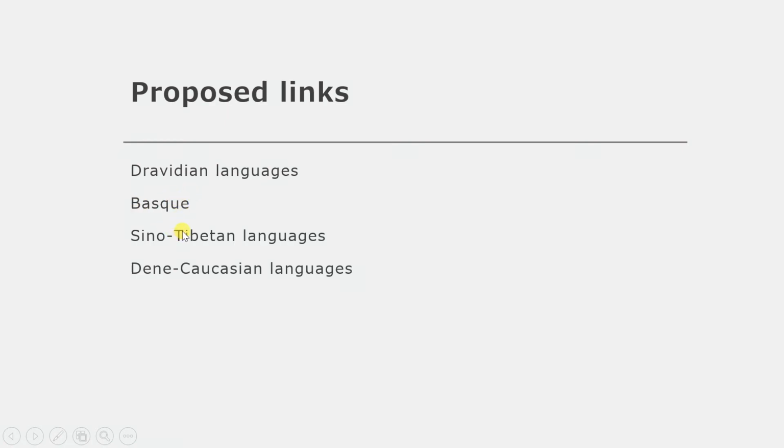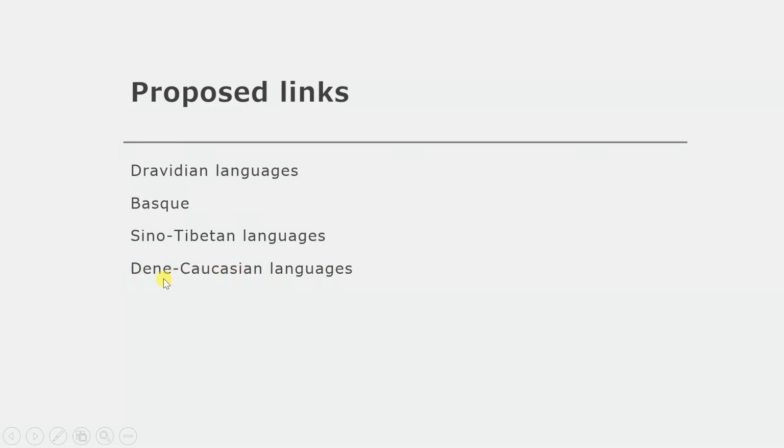Sino-Tibetan languages like Chinese. This is an interesting one because Chinese has been recorded for quite a long period of time, so it would be much easier to test this than maybe some other languages that don't have as long a history of being recorded. And then Dene-Caucasian languages.